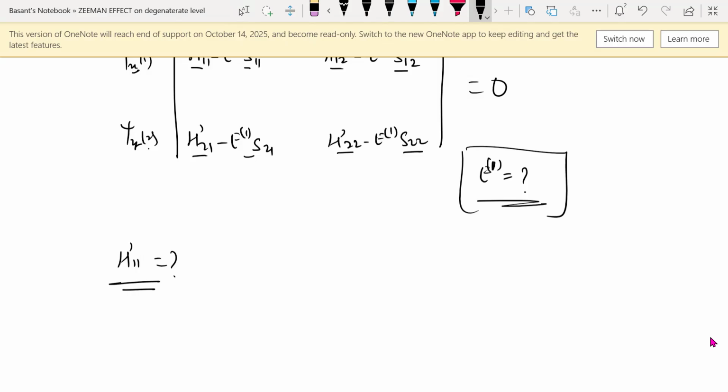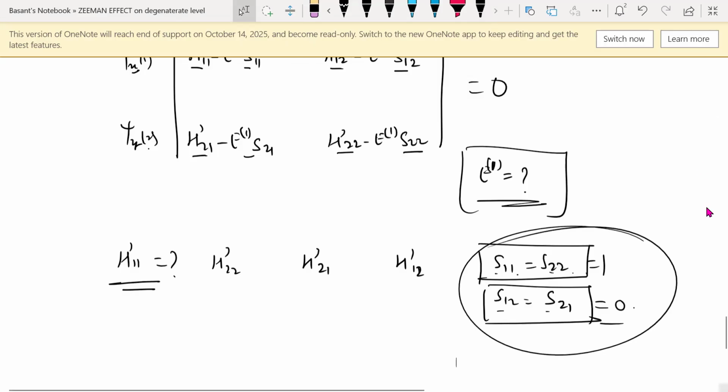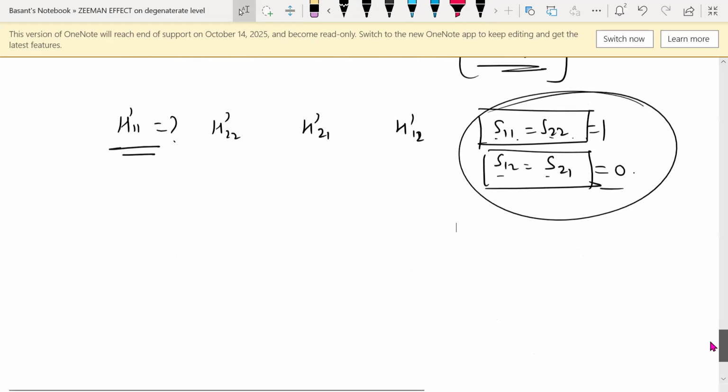After that, we will be able to calculate these integrals, that is H dash 11, H dash 22, H dash 21, H dash 12, and S11 equal to S22 and S12 equal to S21, because these are eigenvalue problems. Here S11 and S22 are normalized functions giving the value 1, and S12 gives the value 0. You can check here. So I have to know about these integrals.